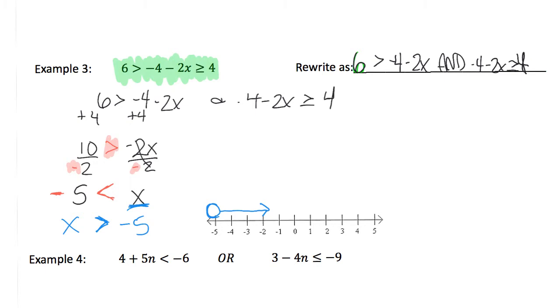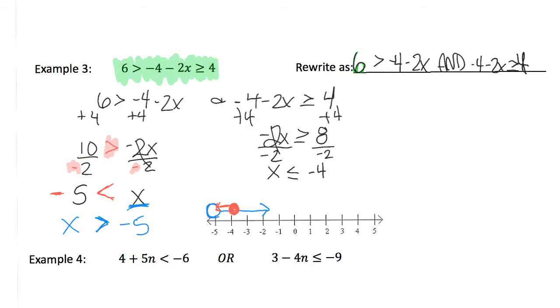Okay, now let's attack the next one. We're going to add 4 to both sides. I get -2x is greater than or equal to 8. Again, divide by -2. Remember, when we divide by a negative number, we flip our inequality sign. So now we're saying at -4 we should have a closed circle, and it's going to the right.